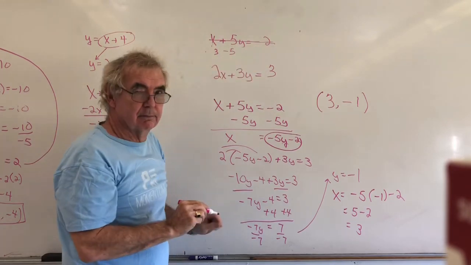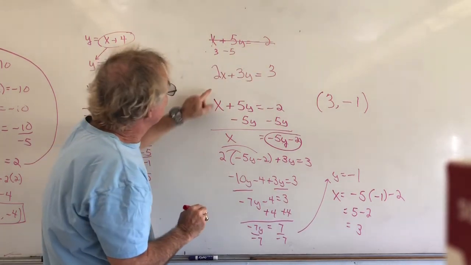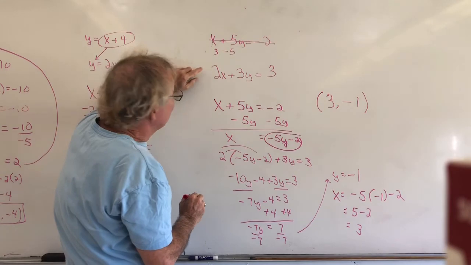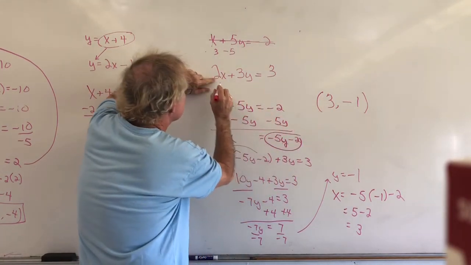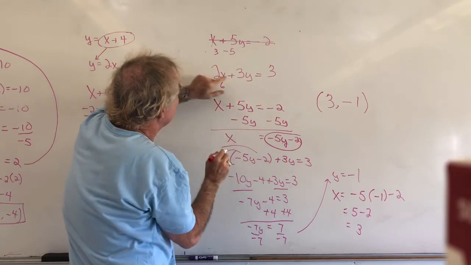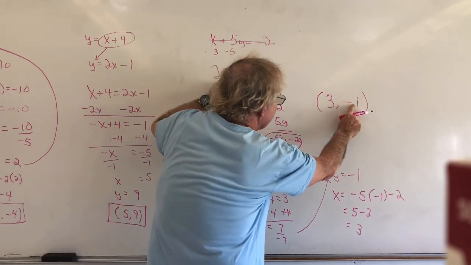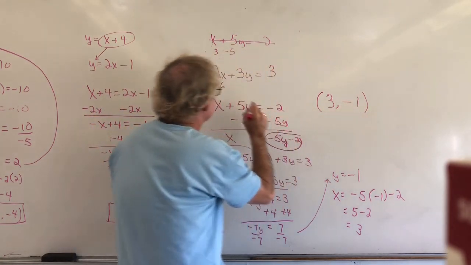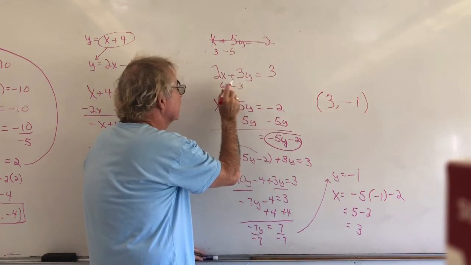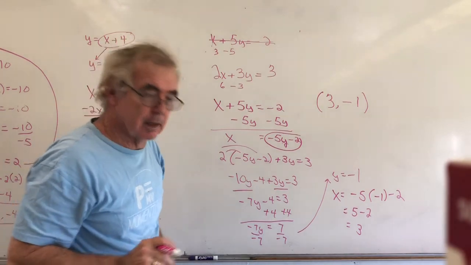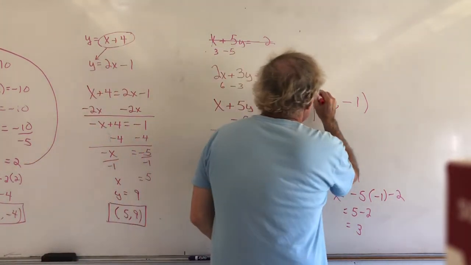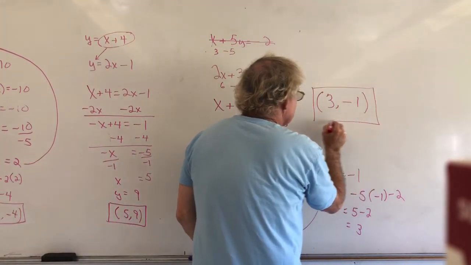It is. Let's check this one. What's 2 times 3? You say that's 6. What's 3 times negative 1? You say that's negative 3. Is 6 minus 3 equal to 3? It is. And there it is.